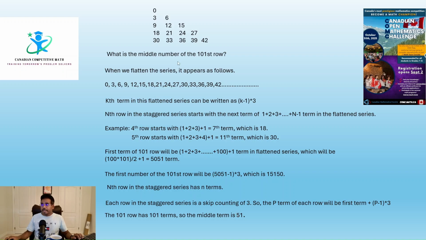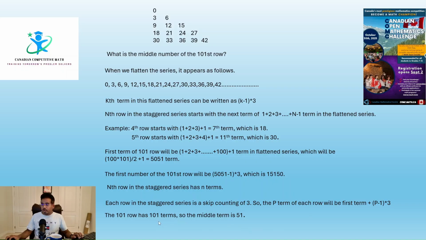If you look at any row, again it is a skip counting of 3. Starting from the first number, we are skip counting 3s. So the pth term of any given row will be the first term plus p minus 1 times 3.